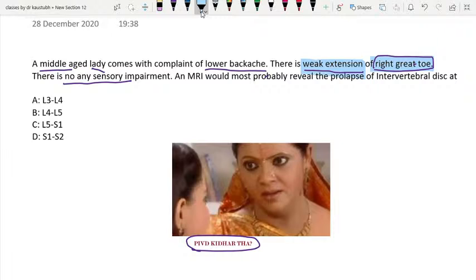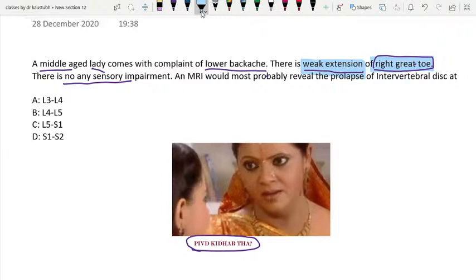Now remember the myotomes I taught you. Great toe extension, what was the level? The myotomes of the lower limbs were hip flexion L1, L2, knee extension L3, ankle dorsiflexion L4, great toe extension L5, and ankle plantar flexion S1.